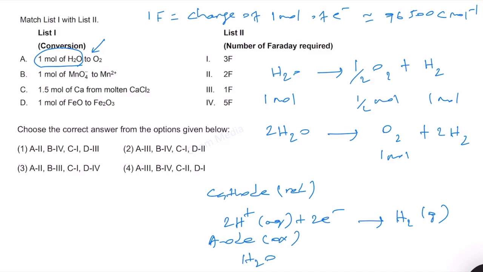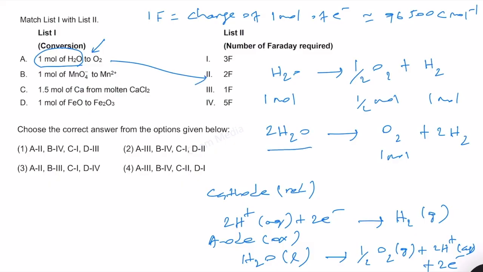So, if we have 1 mole of water, that would give half a mole of O2 and 2 H plus, and the charge required is 2 moles of electrons. That means 2 Faraday. If we are calculating as 4 Faraday, keep it in mind that you are calculating that value for 2 moles of water. For 1 mole of water, the charge required is 2 moles of electrons, and therefore 2F is the correct choice here.